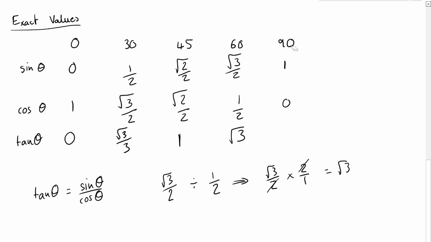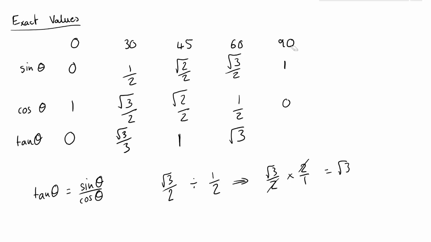And tan of 90 is an interesting one, because if I wanted to do 1 divided by 0, if you put anything divided by 0 into your calculator, you'll find that you get a math error. That's because it's not actually possible to divide anything by 0. It's kind of like saying, I have £3, I want to give it to 0 people, where does that money go?